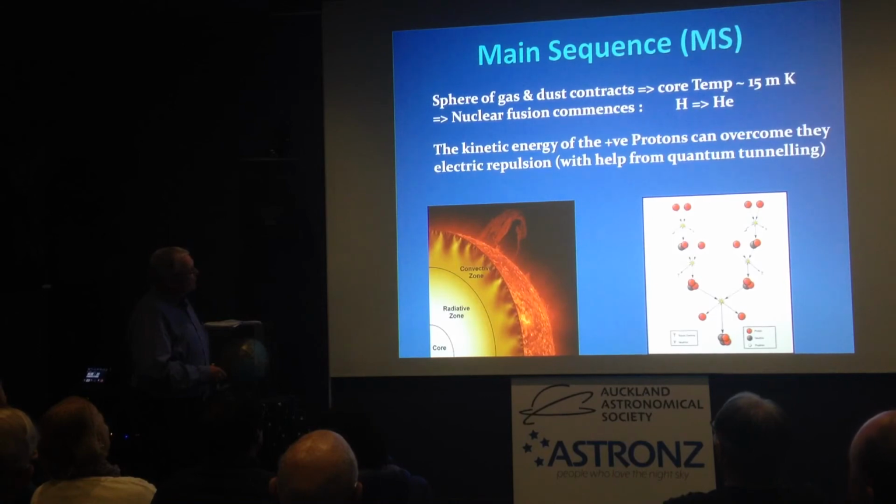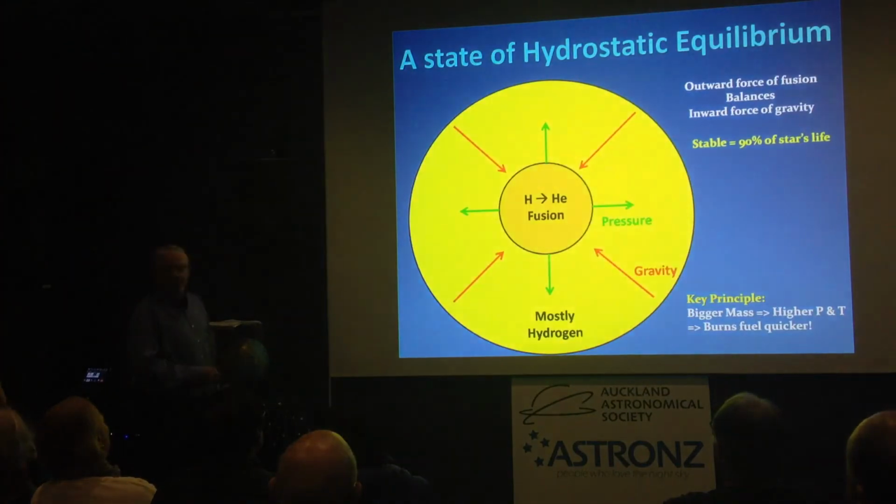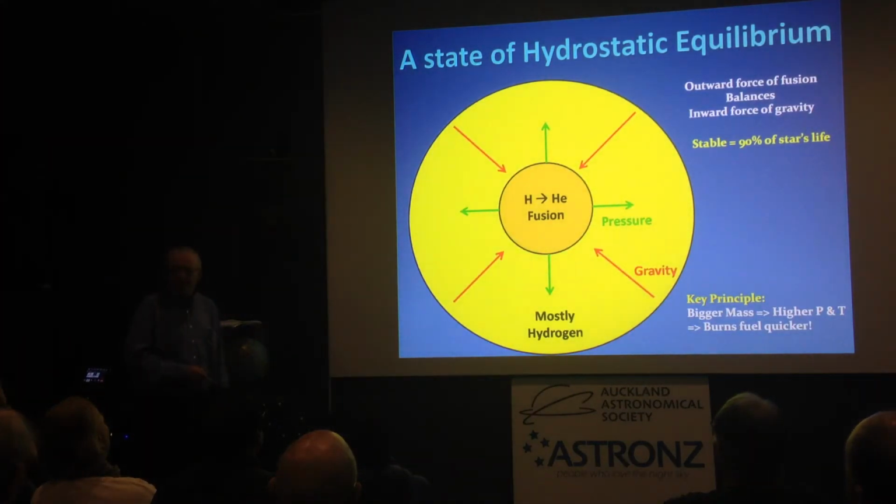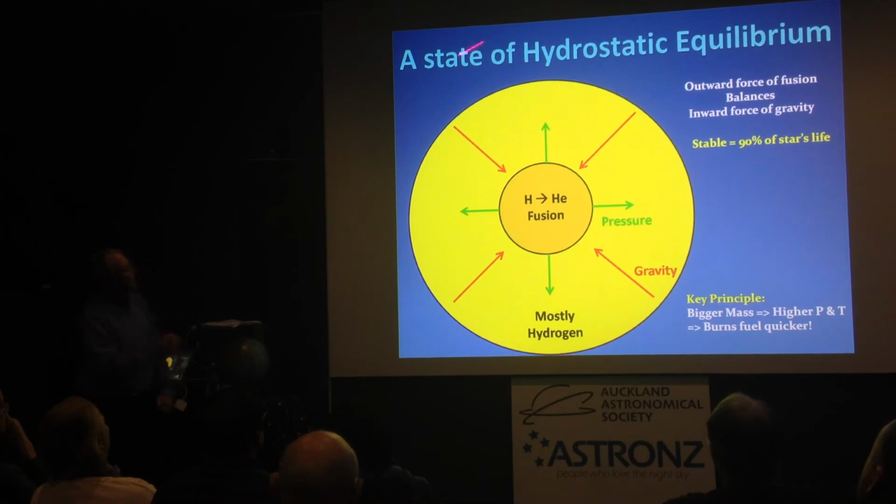So hydrogen starts turning into helium, and by definition your star is now on the main sequence. Yeah, I'm a star, it says. So what happens during this state? It's a state of hydrostatic equilibrium, which means that the inward pressure of gravity, of the mass driving it in, is perfectly balanced by the outward pressure of the nuclear fusion going on.